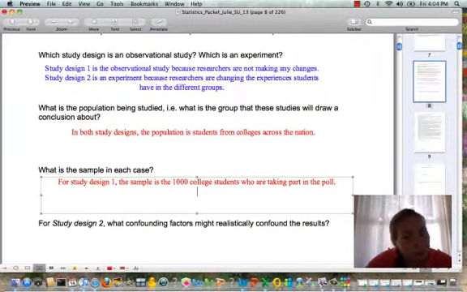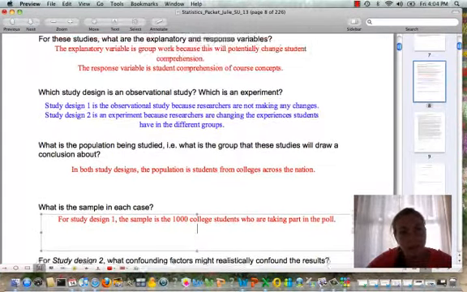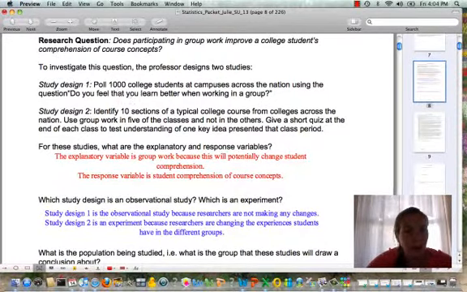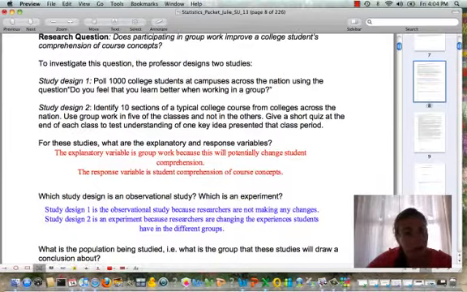And we'll assume that these 1,000 college students, or I believe it tells us, are from colleges across the nation. Yeah, it tells us that the 1,000 college students at campuses come from across the nation. Study design 2, it's 10 sections of a typical college course from colleges across the nation that's being used for our sample here.